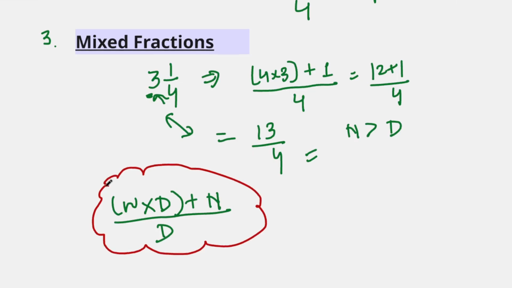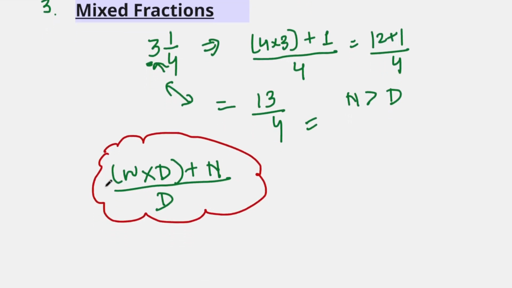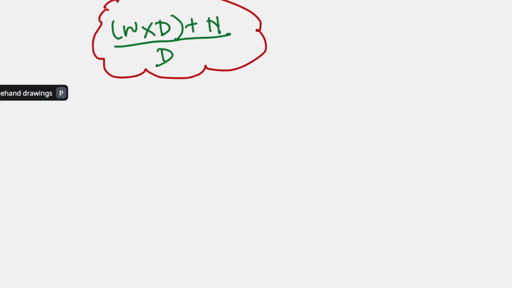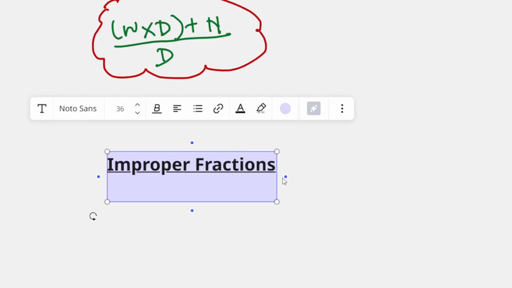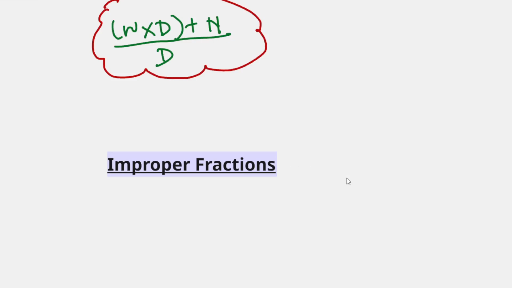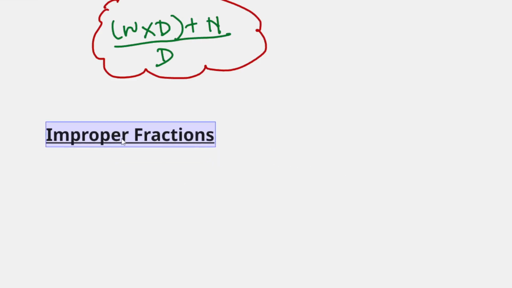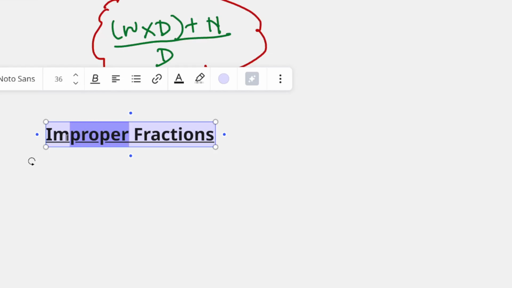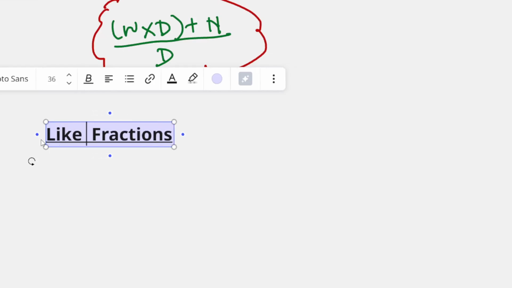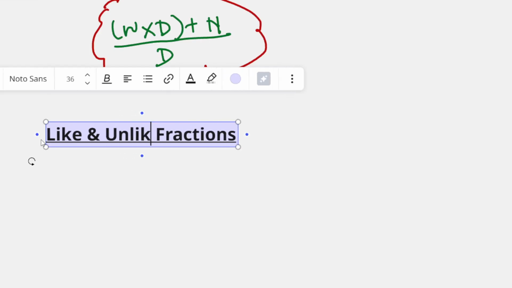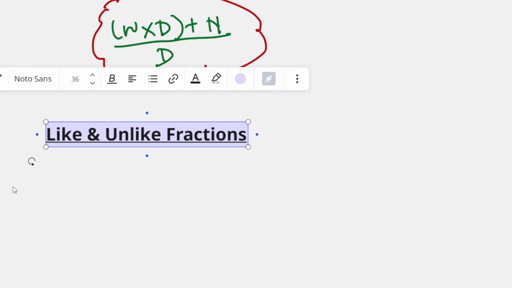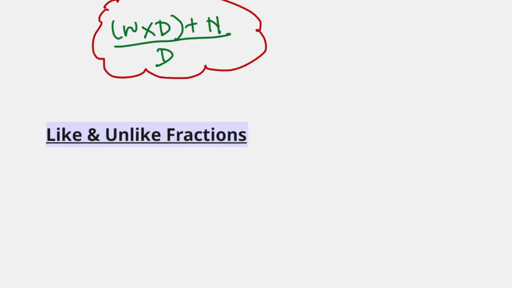Now next we have like and unlike fractions. We can write number 4 here.